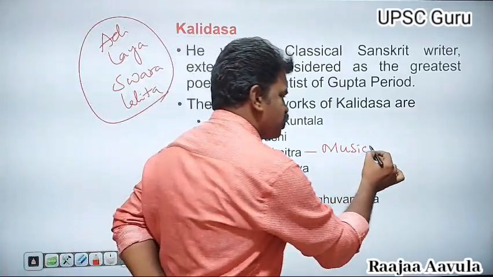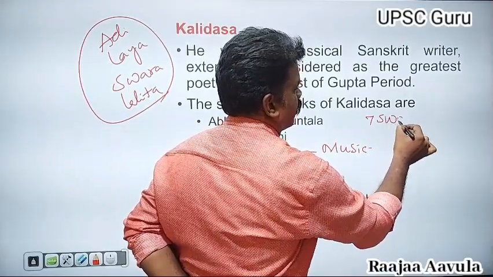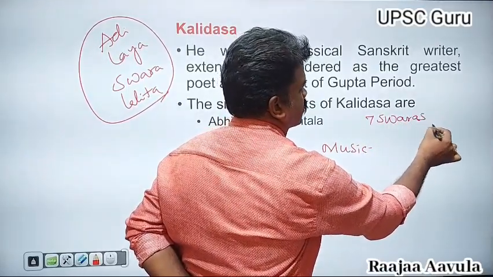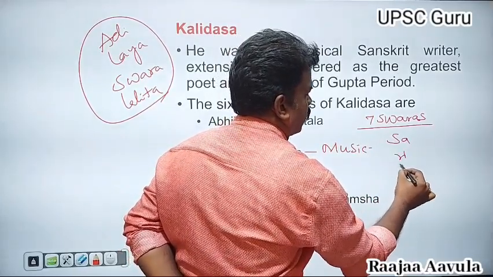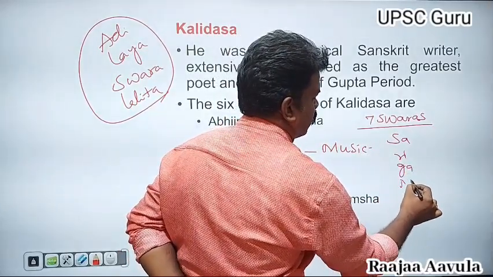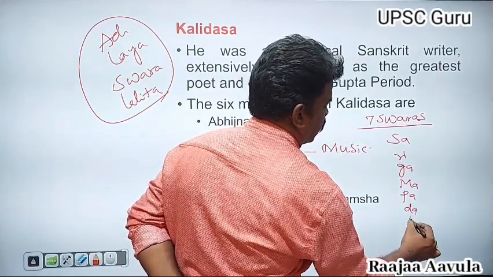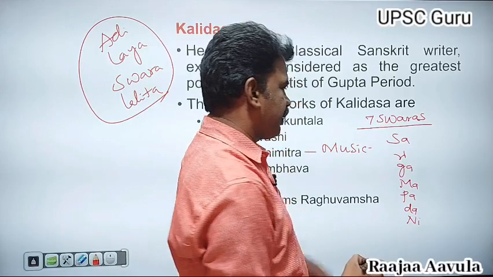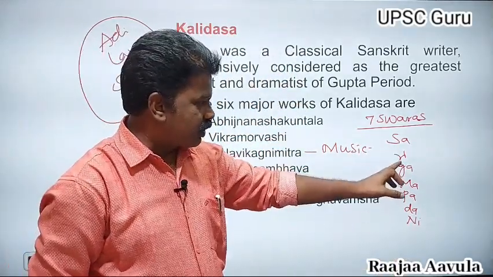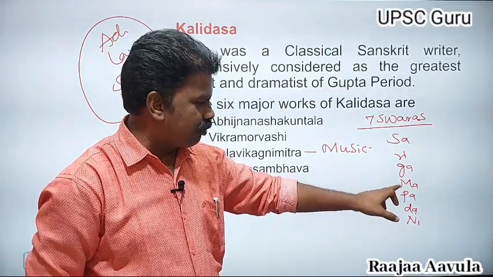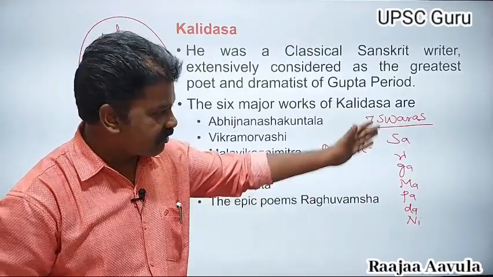Coming to the point of music, it has 7 swaras. Sa, Re, Ga, Ma, Pa, Da, Ni. Sarigama Padani, 7 swaras: Shadjamu, Rishabhamu, Gandharvamu, Madhyamamu, Panchamamu, Daivatamu, Nishadamu.